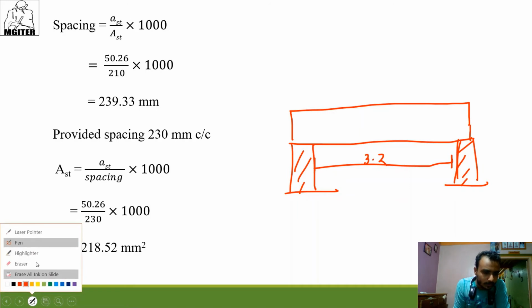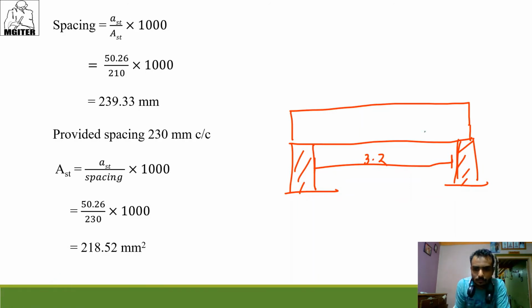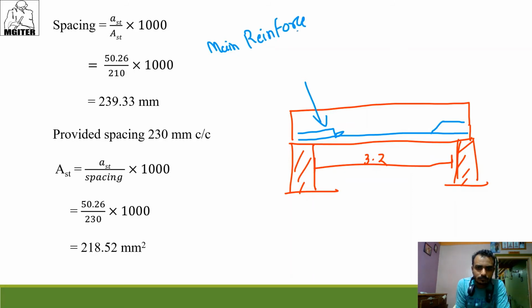Then after, I'll check it. So these are the main reinforcement. Main reinforcement is 10 mm dia bar at 230 mm center to center.